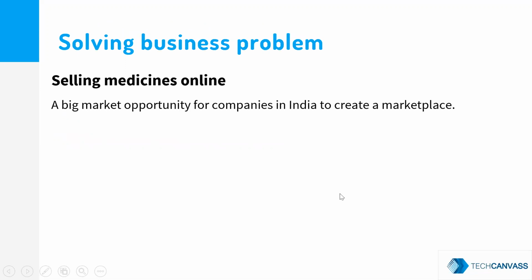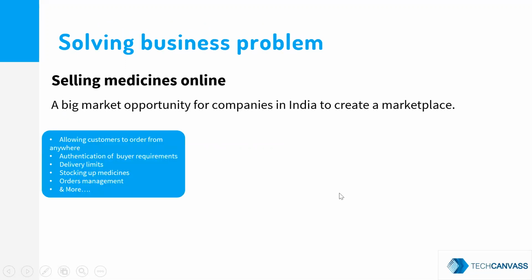So, how do we go about it? First of all, the company which is going to build this solution has to look at what does this particular opportunity mean. If you look at this particular problem, when you create a marketplace for selling medicine online, this means you're allowing customers to order online. You also want to authenticate the customer so that they don't keep on buying prescription drugs without having a valid prescription.